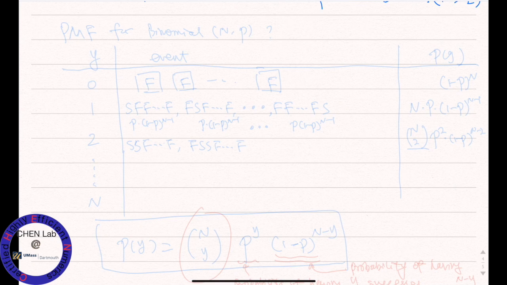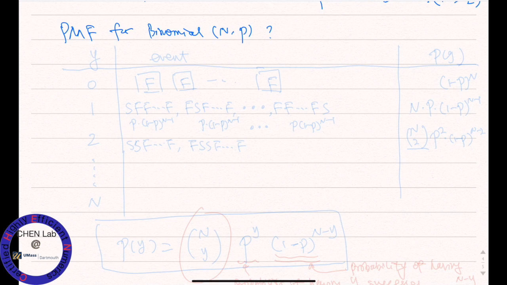And the immediate next thing is what's a PMF for binomial (n, p)? Again, we start by listing numbers, and then try to abstract it into a formula. This formula, in the end, might be confusing, but if you understand it, it's not.